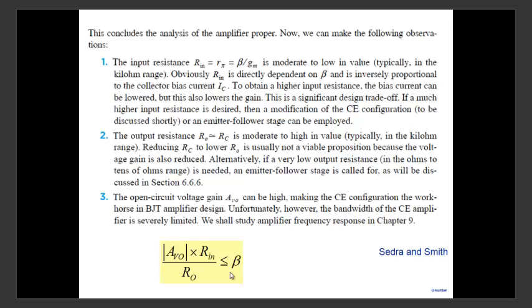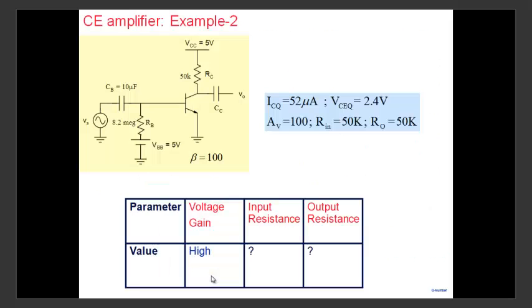Yes, we said a good voltage amplifier has a low output resistance, high input resistance and a high gain. Now, is a high value of R0 a problem? See, problem or not a problem, it all depends on the context. I may have a very high value of R0, let's say.